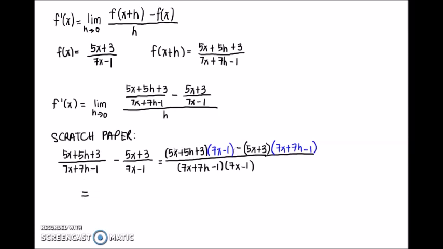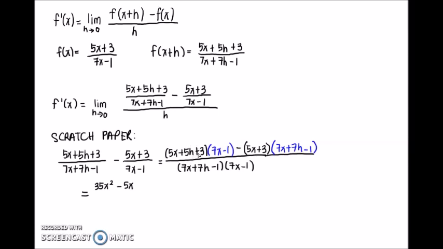What we'll do is, we will distribute 5x to 7x minus 1. So, 5x times 7x magiging 35x squared. And then, 5x times negative 1 magiging negative 5x. So, tapos na tayo sa 5x. This time, ang i-distribute naman natin ay yung 5h.